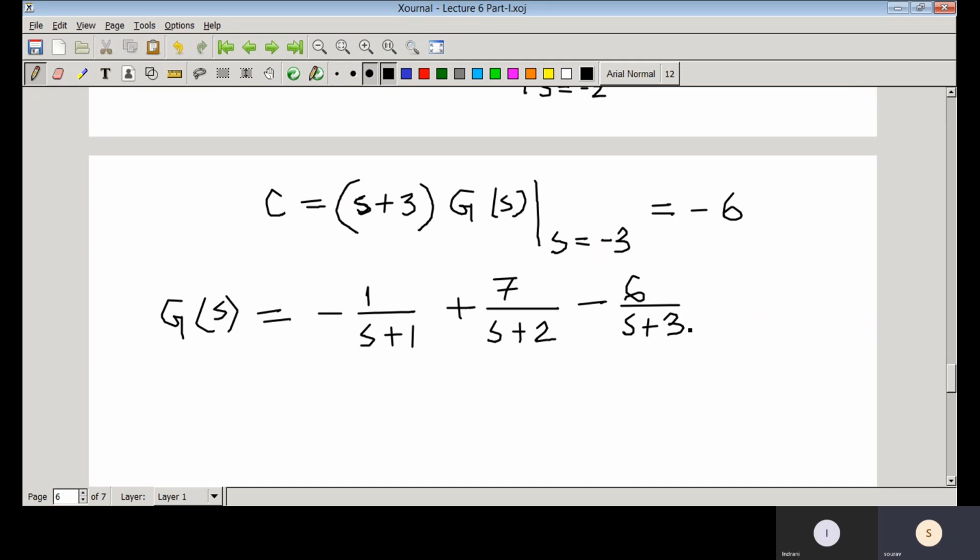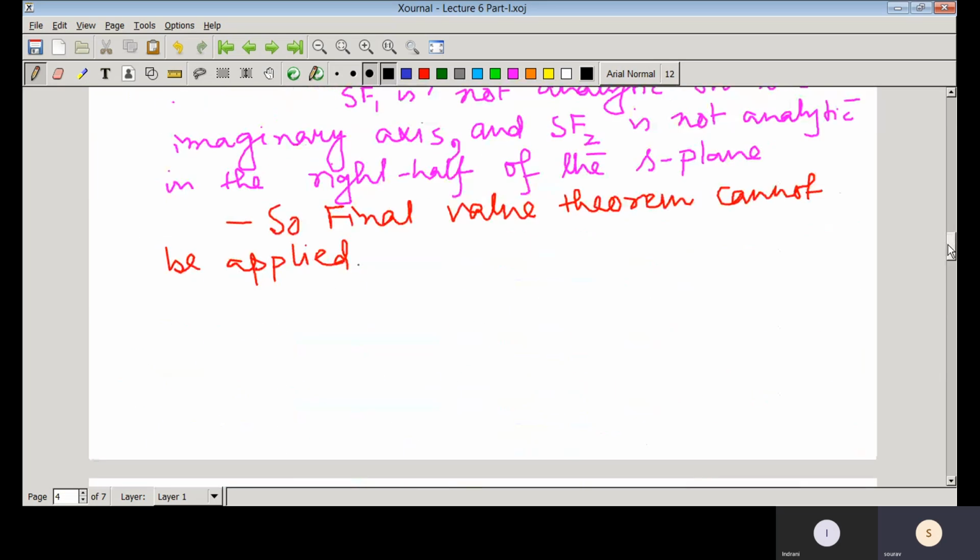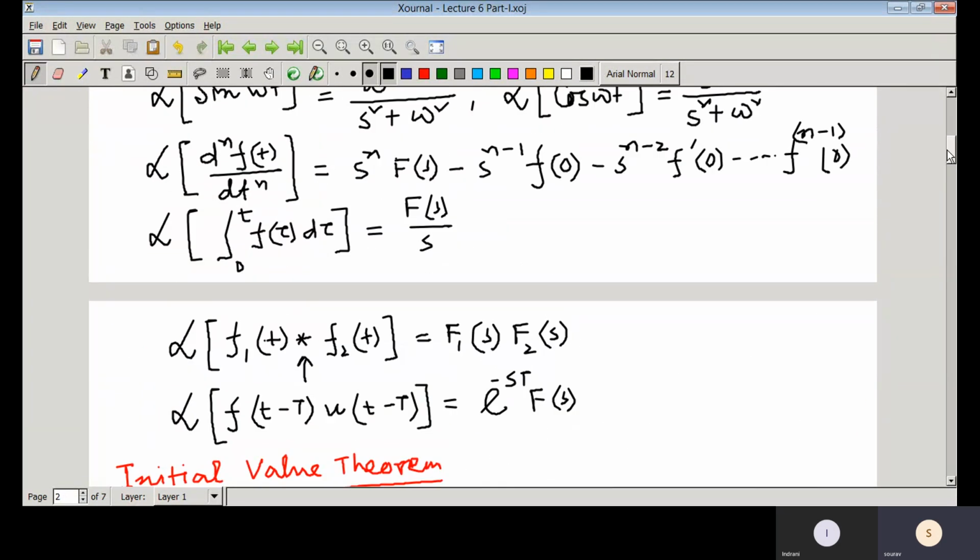So it is written in partial fraction form, and then directly you can just apply the inverse Laplace transform. You can use that table, or you know the formulas that we have written at the very beginning, so we can apply those things.